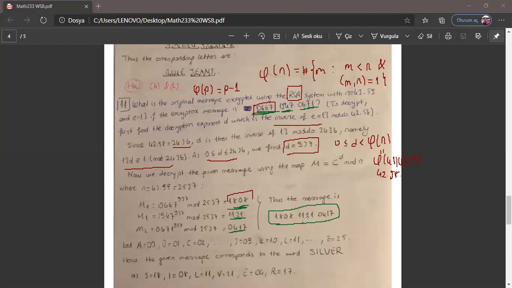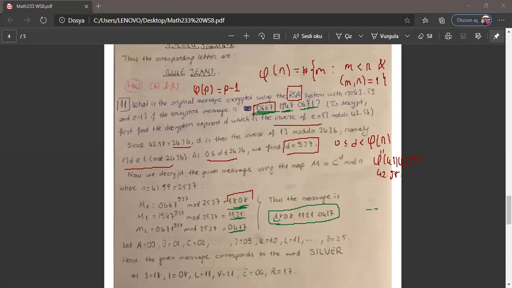Now what do we need? We need to have letters. So for this system, we enumerate letters in this form. We say A is 00, B is 01, C is 02, and so on. K is 10, L is 11, and so on. Now, each letter has 2 digits, right?